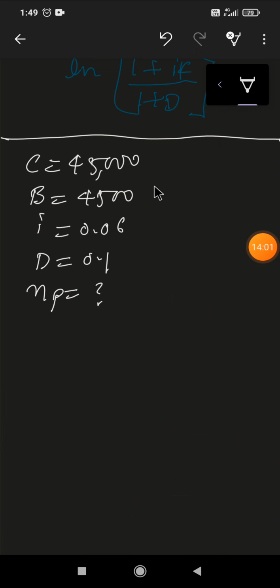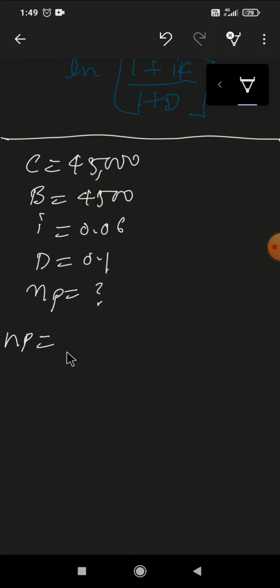So here I have written the data. Cost of the equipment 45,000. The first year savings 4,500. The interest or inflation, that is 0.06. Discount 0.1, and the payback period. So we will find NP directly without discount.